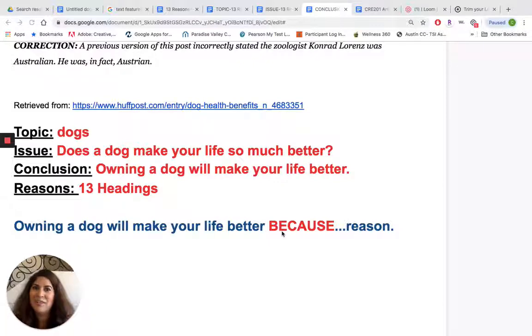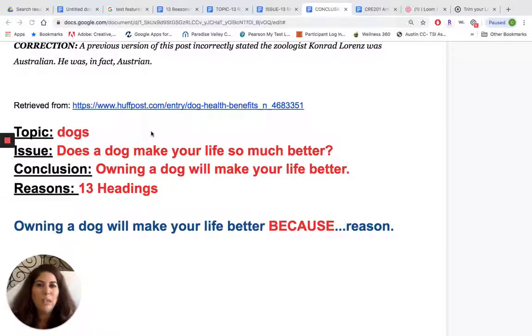That's because reasons answer the question why. So I would put in my conclusion, owning a dog will make your life better, insert the word because, and add the reason to make sure they match. This doesn't always work, but it is a tip that works most of the time, if not some.